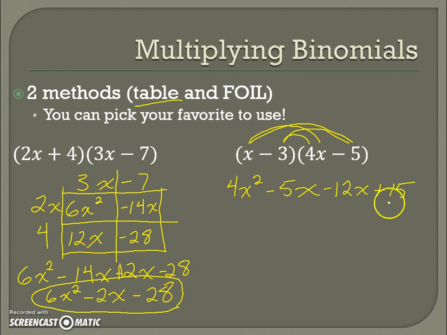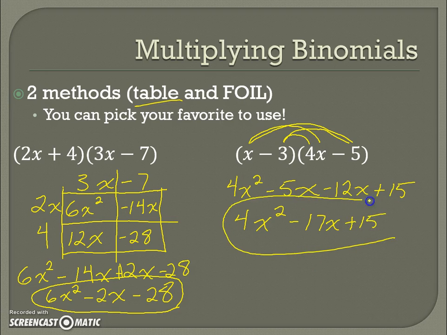I combine my like terms, so I have this and this, which gives me 4x squared minus 17x plus 15. So here is the trinomial that results from multiplying those. Those are the two methods that I want you to focus on. I'm okay with you using either method. I'm going to let you pick which method.